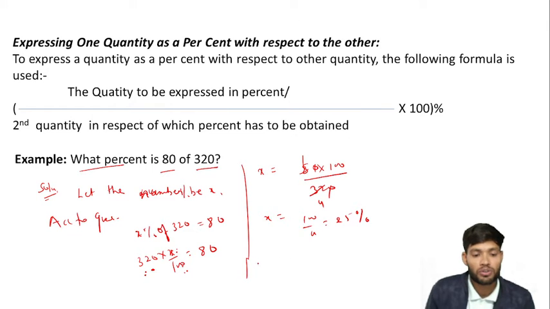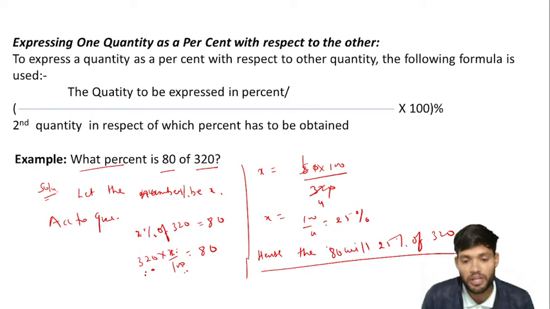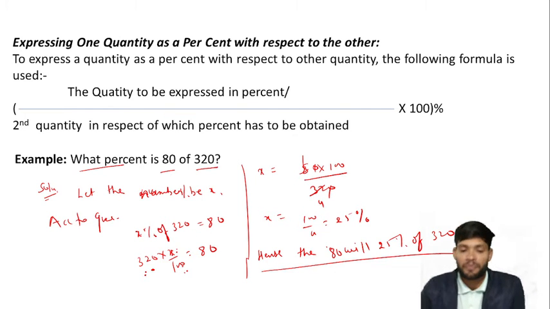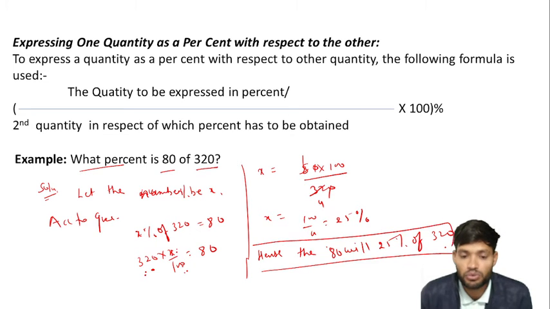So hence 80 is 25% of 320. This line is compulsory to write here. It will improve your presentation and help you obtain more marks. So use these types of lines.